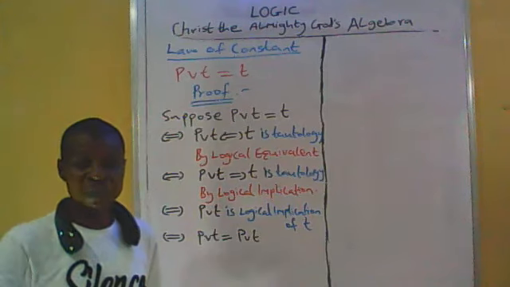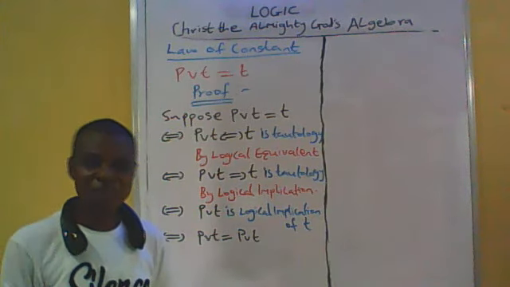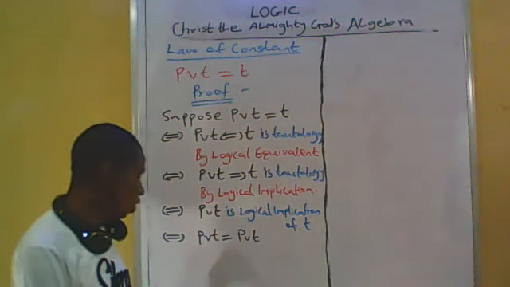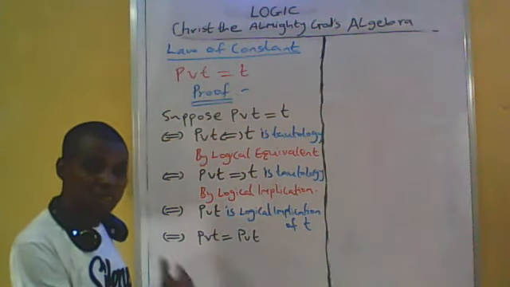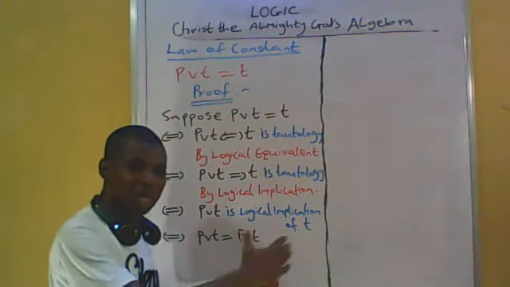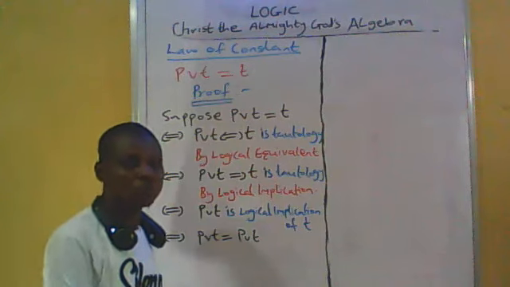If it is equal to itself, it is logical equivalent, in the sense that whenever P or T on the left hand side is true, P or T on the right side is also true.